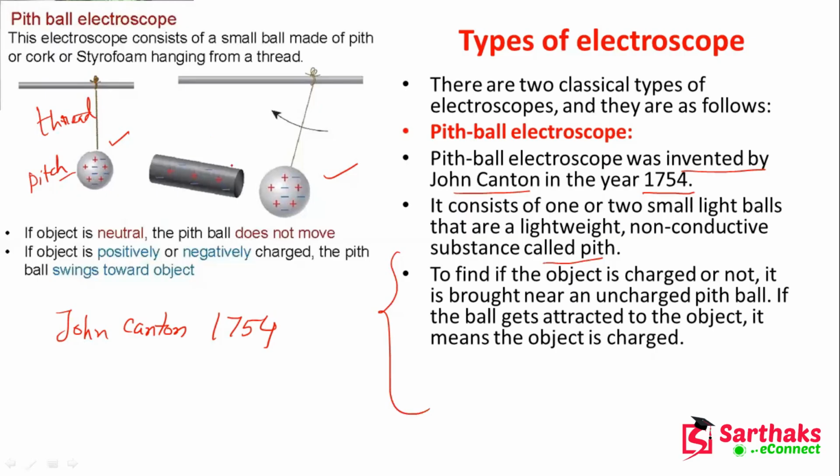If the object is positively or negatively charged, the pitch ball swings like this. That indicates there is a charge in this object which we are trying to test. Is there any charge or not inside this object?